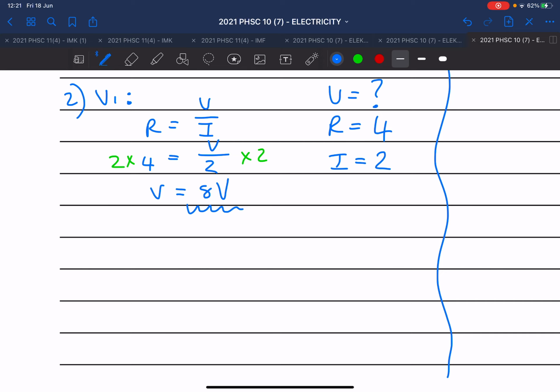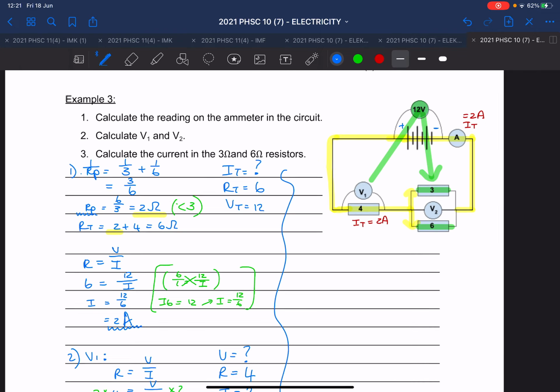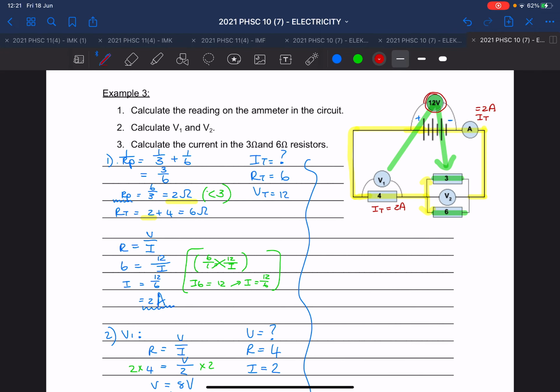That means from the 12 volts that we had, the 12 sandwiches, 8 goes to V1. Without doing any more calculations, Jabu, how many goes to V2?